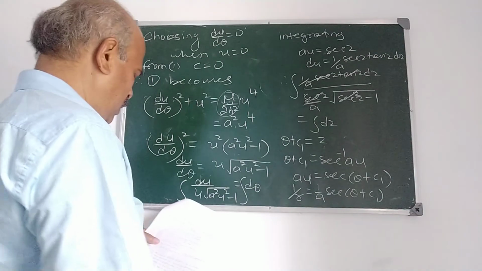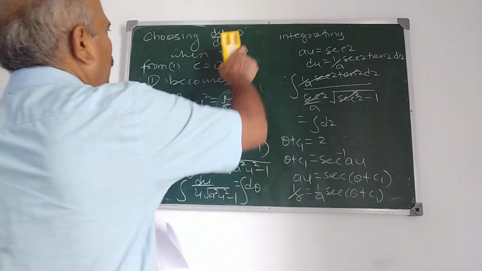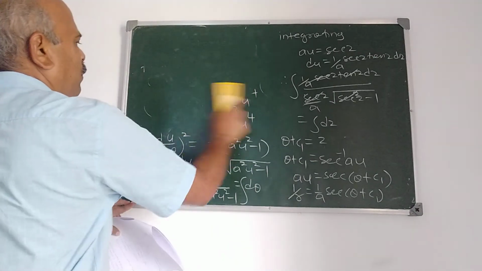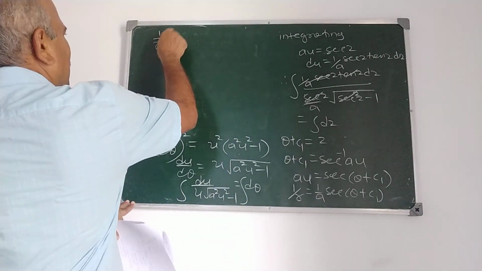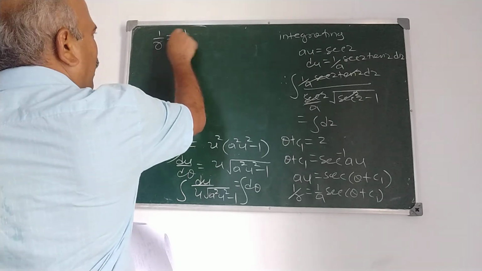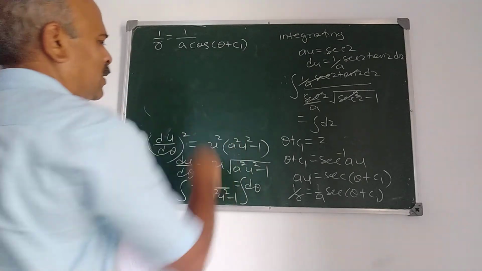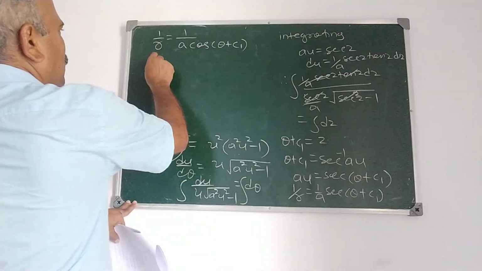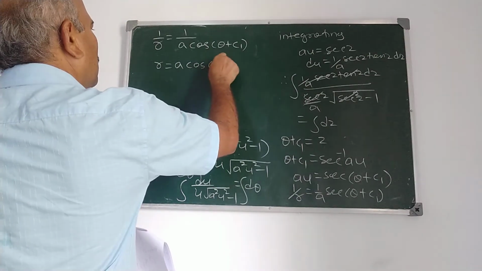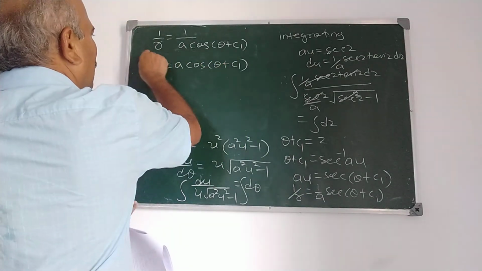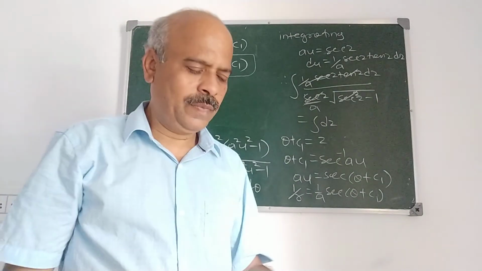Right? Therefore, what is sec (theta plus c1)? Sec is 1 upon cos. 1 upon r is 1 upon a cos (theta plus c1). So r is equal to a cos (theta plus c1), and this represents a circle.